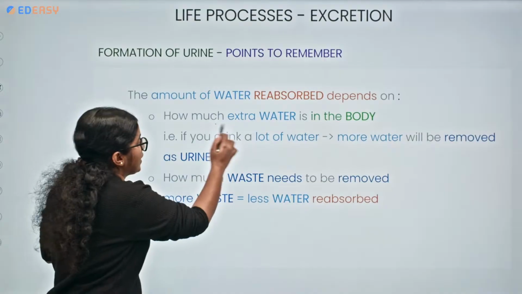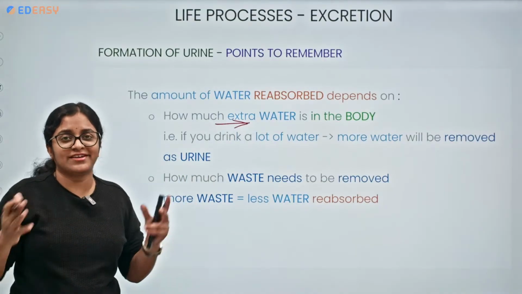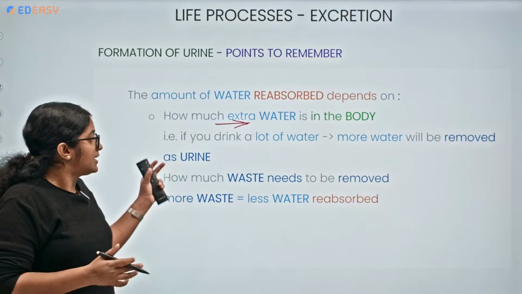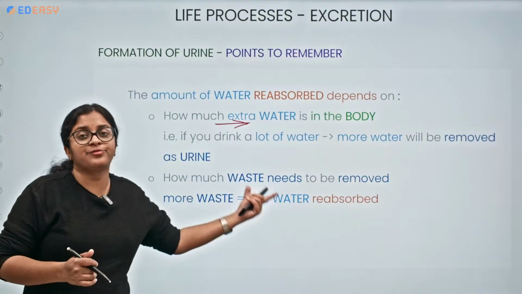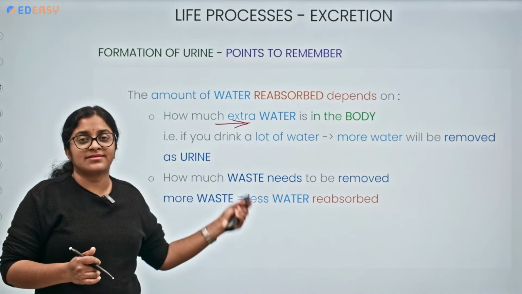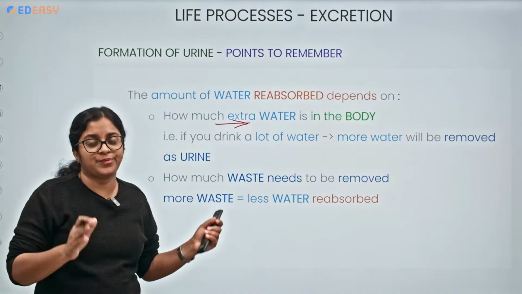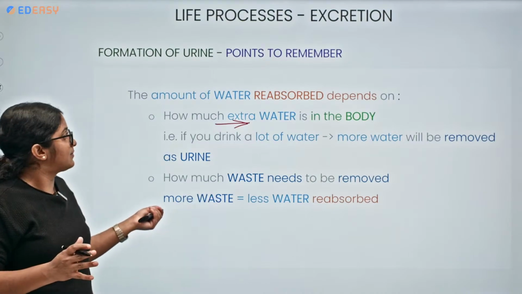How much extra water is in the body. So if there is more water, more water will be removed as urine, right? And how much waste needs to be removed? If there is a necessity for the removal of more waste, more waste leads to less water reabsorption and more urine output. When there is more waste to be eliminated, more urine output will be there.